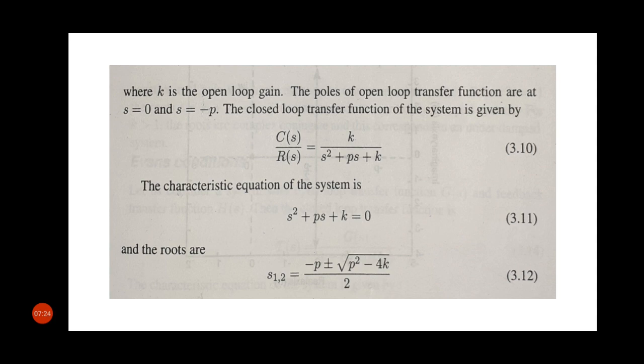As p and K are varied, the roots of the characteristic equation vary, and both K and p are adjustable parameters. Generally, K is used in all practical systems as the adjustable parameter.